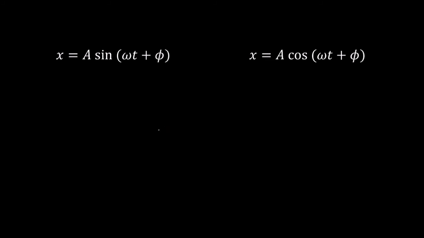So we will be using this equation. This is still the same thing, and this one is the new thing, which we call the initial phase constant. Initial here means we have this because our start is different.